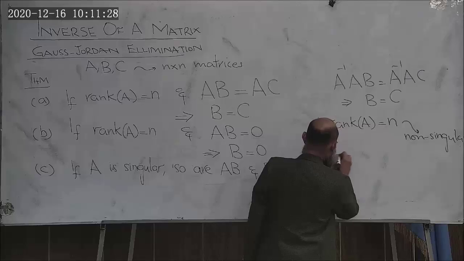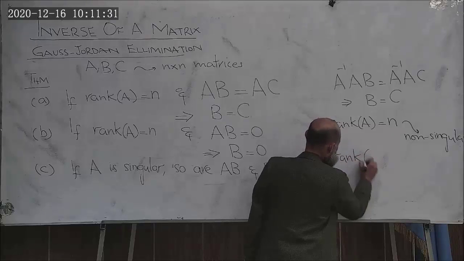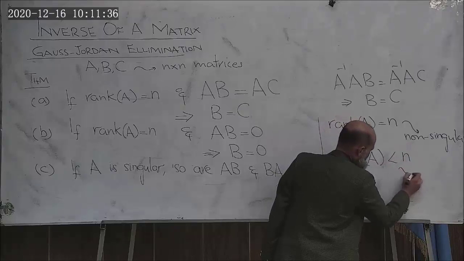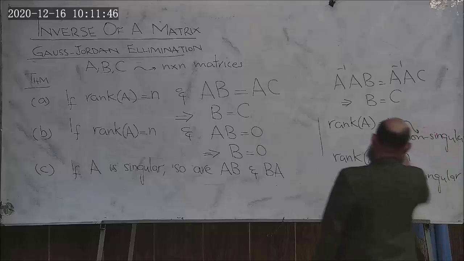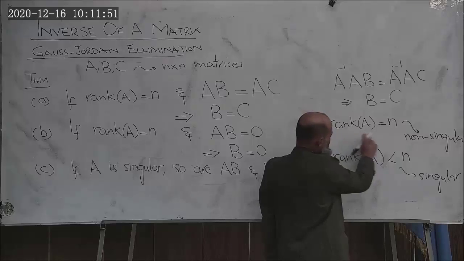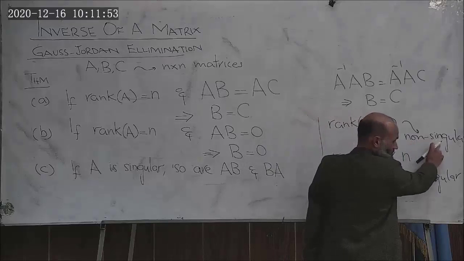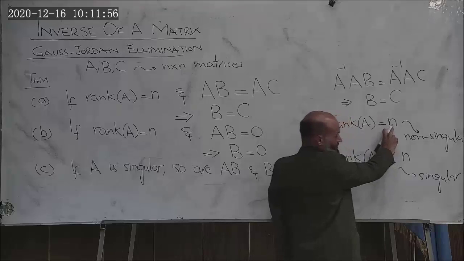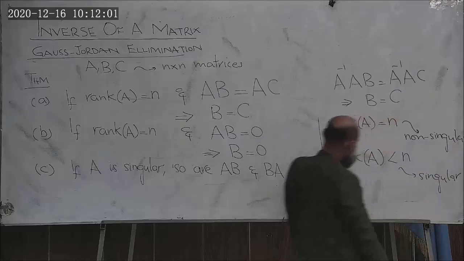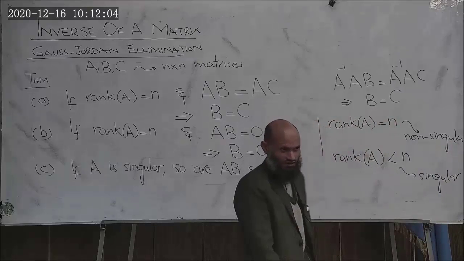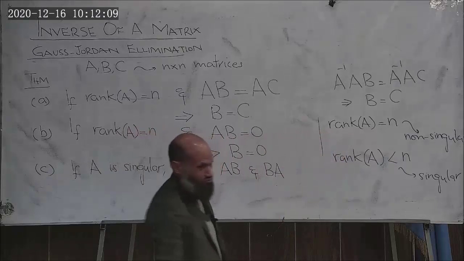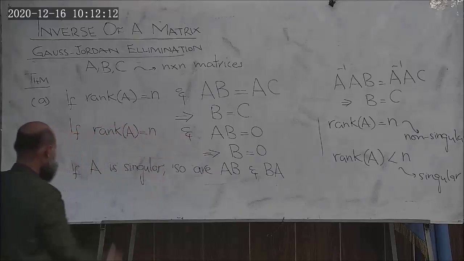And if the rank of an n by n matrix A is less than n, then it is called singular. So if rank is equal to n, the determinant will be non-zero, the inverse will exist, and such a matrix is called non-singular. If rank is less than n, then it is called singular.